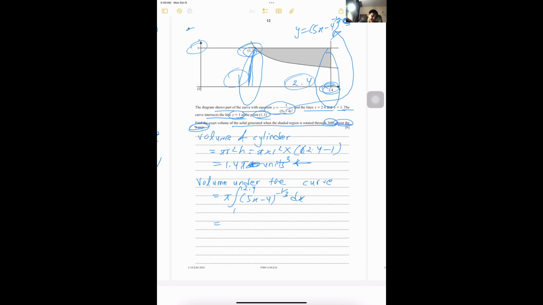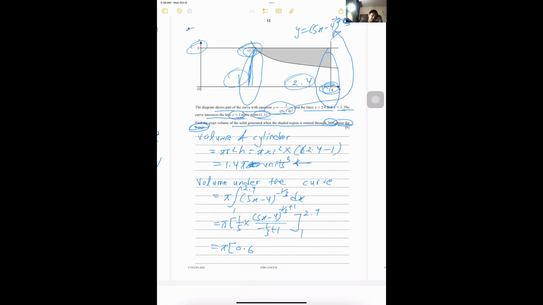Okay, let's now integrate this. So pi, 1 by 5, then into 5x minus 4 to the power of minus 1 over 3 plus 1, over minus 1 by 3 plus 1, and the limits again. So pi, 0.6, right?